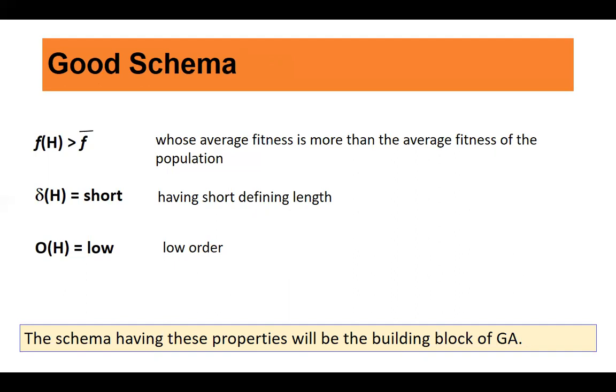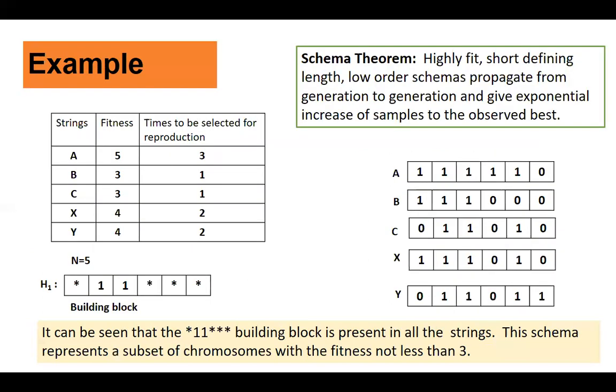So if the schema fitness is more than average fitness, the defining length is short, and the order of H is low, then the probability of survival is going to be more. And moreover, if f(H) is greater than f bar, there is a possibility that we'll get a higher value for m(H, t+1) compared to m(H, t), right? The chances of it surviving in the t plus 1th generation is more.